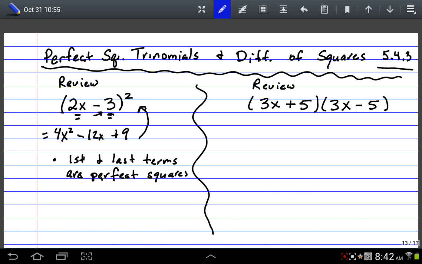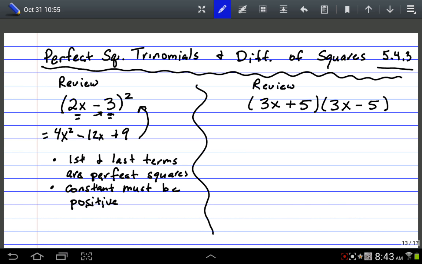That's usually the telltale sign because it's the easiest one to recognize. The second thing is that the constant, which in this case is my 9, must be positive. If my constant is not positive, then it absolutely cannot be a perfect square trinomial.